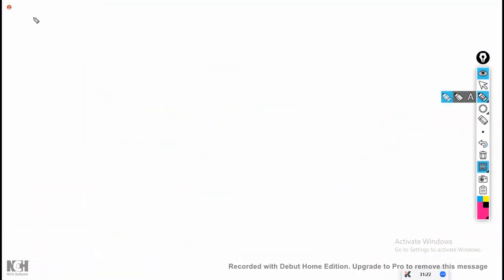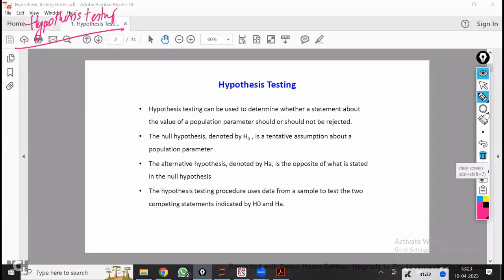Hypothesis testing means you are going to assume something. Hypothesis testing is to determine whether a statement about the value of the population parameter should or should not be rejected.